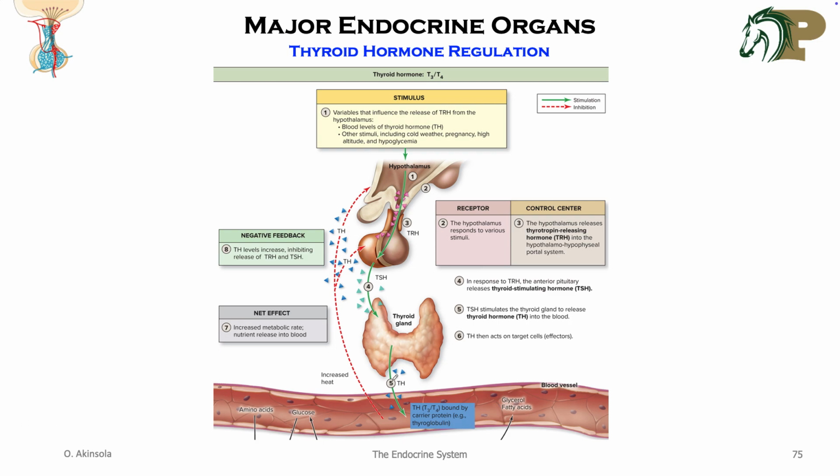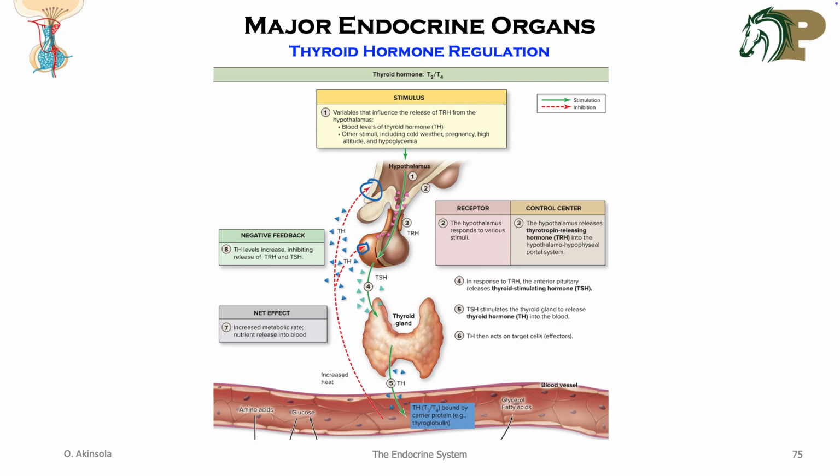So we see thyroid hormone heading its way down here into the bloodstream, and then down here we're going to have a whole host of other effects. Also note here, we're going to go over it on the next couple of slides, but thyroid hormone can feed back to both the pituitary and the hypothalamus to have inhibitory effects.